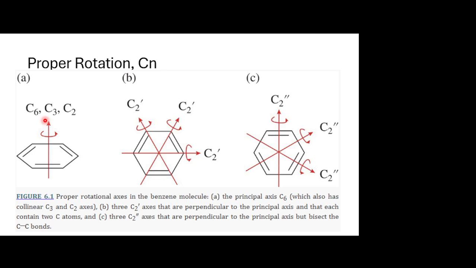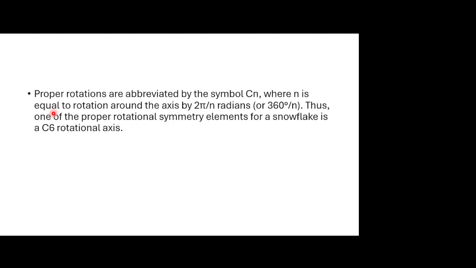Okay. Is everybody okay with the proper rotation? Mm-hmm. So C3 is just saying it's moving 120 degrees? Yeah, 3 times 60, or 360 divided by 3. So whenever you look at these notations, always remember it's this right here. If you're going to do radians, you can do radians if you like. 2 pi over n, right?